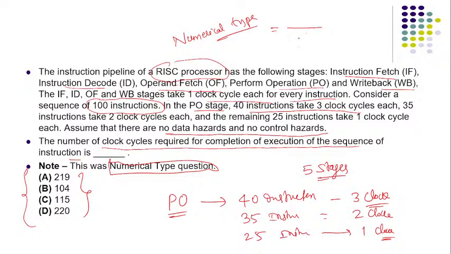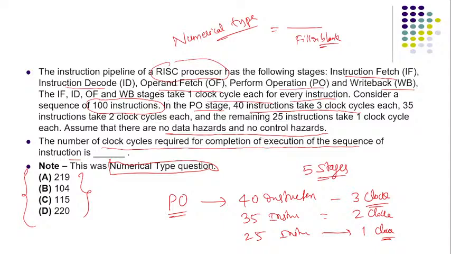It's like fill in the blanks. You have to calculate and fill in the value. Nowadays in the GATE exam, almost around 10 to 15% questions are numerical type. Means you cannot guess there. If you know the formula and all, then only you can apply.